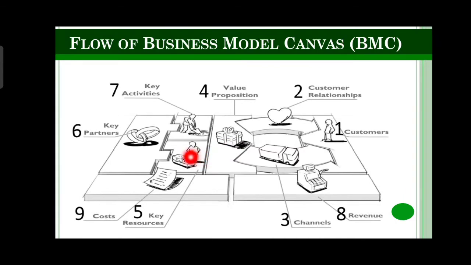So, this answers the question, what do you need? So, in producing these key resources, you need key partners. Key partners answers the question, who will help you? Kaya yan it's like a puzzle because key partners will enable you para magkaroon ka ng resources and at the same time, they will support your key activities.